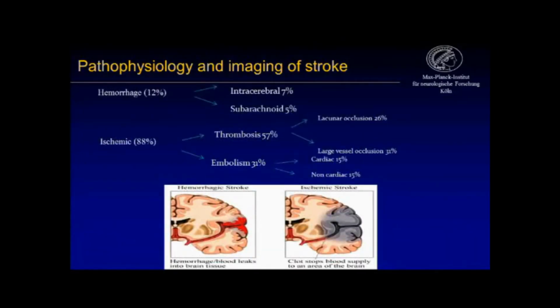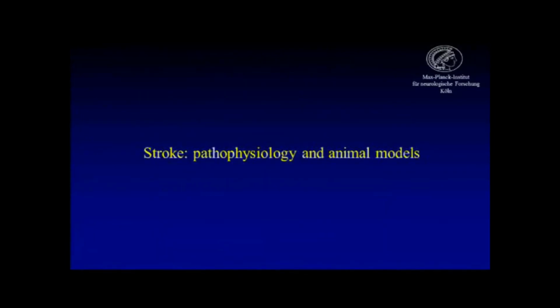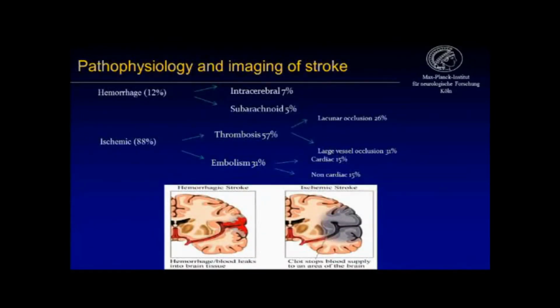Instead, there's a complete evolution of a cascade of events taking place afterwards. When we look at stroke, at least clinically, we need to define this in particular terms. When you have an occlusion of a vessel, then you speak of an ischemic situation. In the other case, if you have a rupture of a vessel and then bleeding into the tissue, this would be called a hemorrhagic event, shown down here with the two different situations.